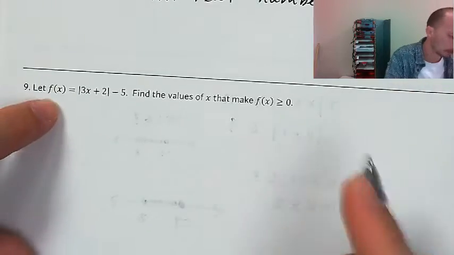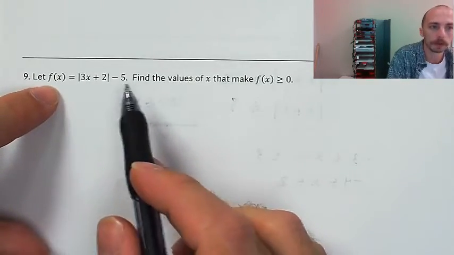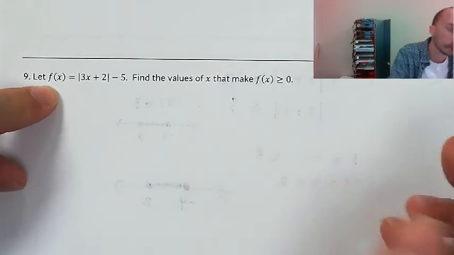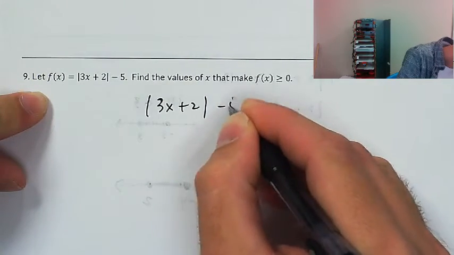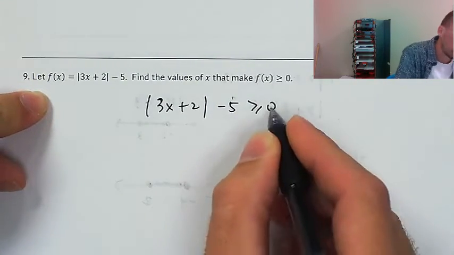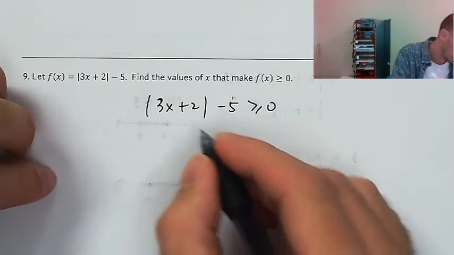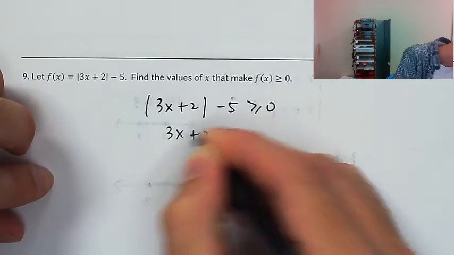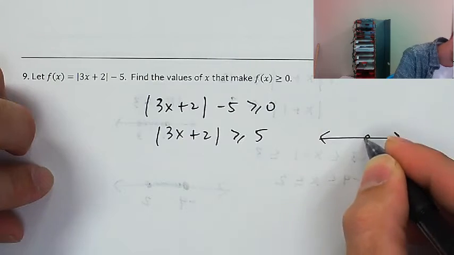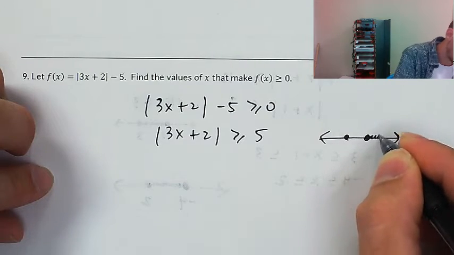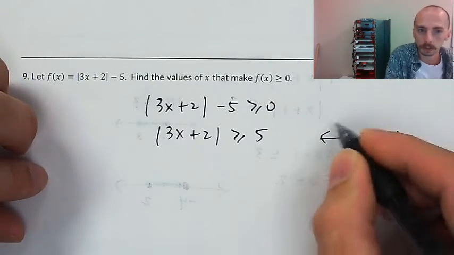And then number 9, we're going to let f of x equal this absolute value function, and we're going to find the values where f of x is greater than or equal to 0. So I have to do a little solving first, get it down to an absolute value inequality. Then we can think about where the absolute value is bigger than or equal to 5.